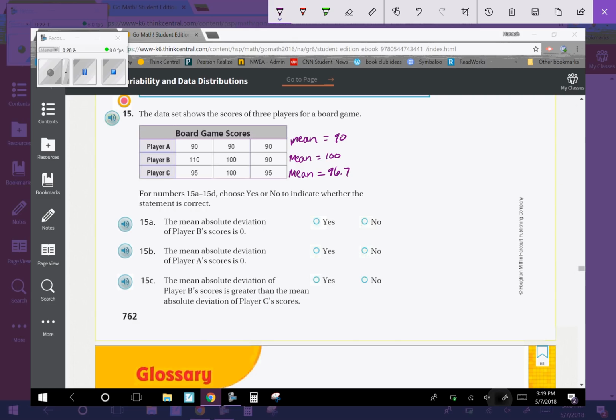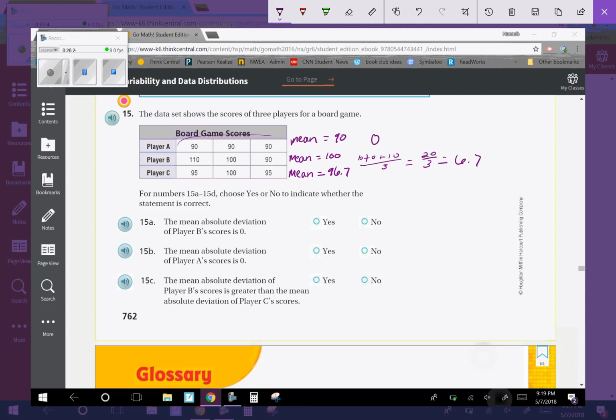So now, if we look at the mean absolute deviation, that is going to be 0 for A because they're all 90. None of them deviate at all. For B, we have to add 10 plus 0 plus 10 divided by 3, which is going to be 20 over 3, which will equal 6 7/10 when you figure that all out.